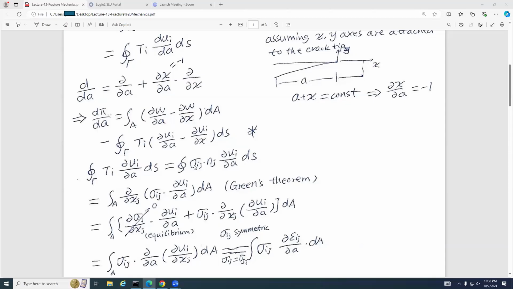And fi we just assume equals 0 for simplicity. As a result, sigma ij comma j equals 0, where comma means the derivative. Because this body is in equilibrium, it does not rotate and does not translate. So this guy equals 0, this is gone, and we only have the term sigma ij dxj dui dA.